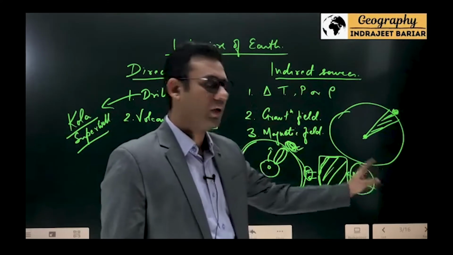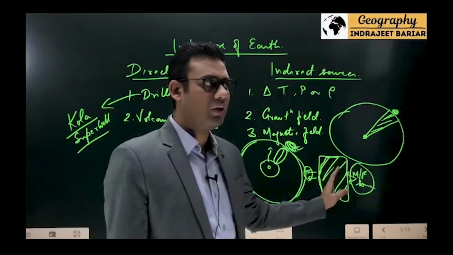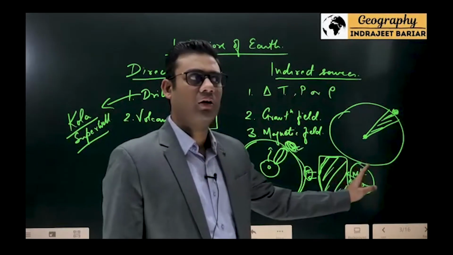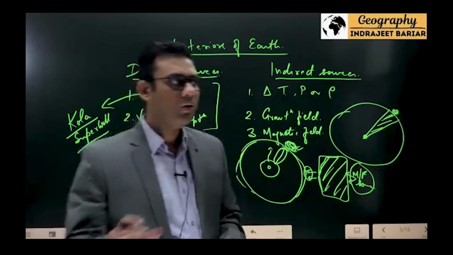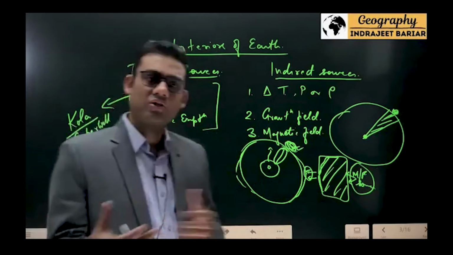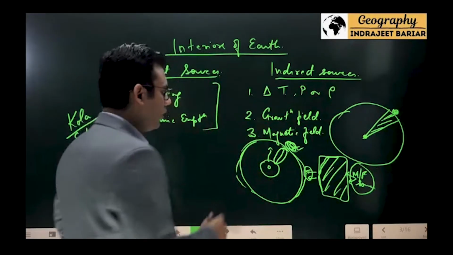Because this magnetic field has passed through some sort of material. The property of the material would have changed the property of the magnetic field itself. Correct, everyone?